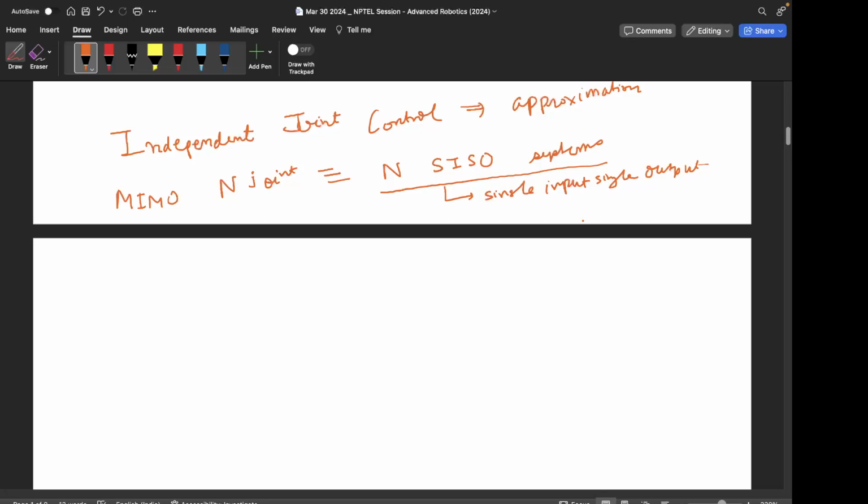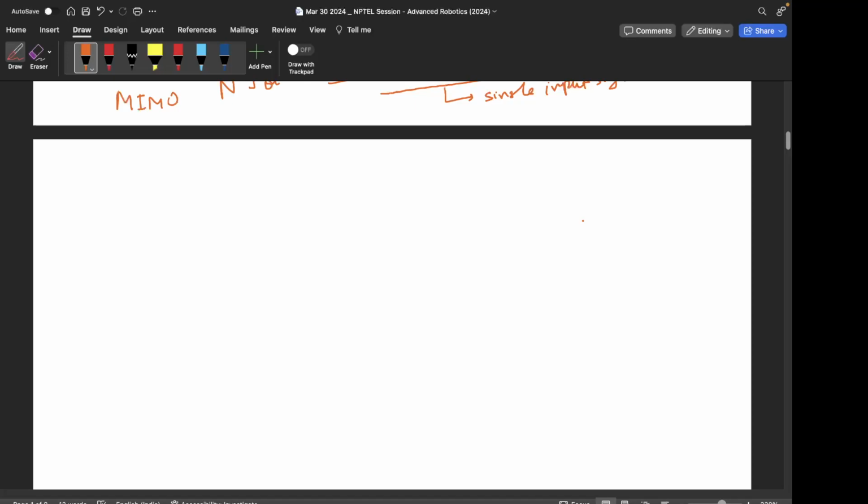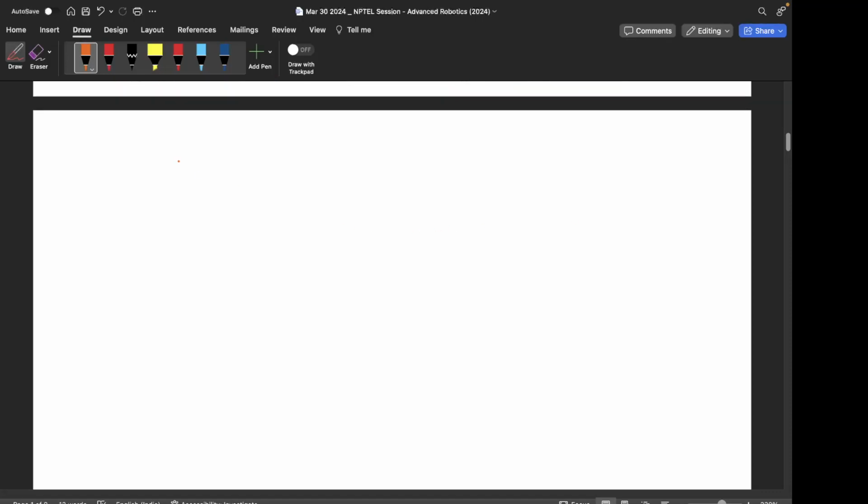So the focus from now on will be again back on the second order linear differential equation and how to control such a system. So, closed loop control for second order linear differential equation.